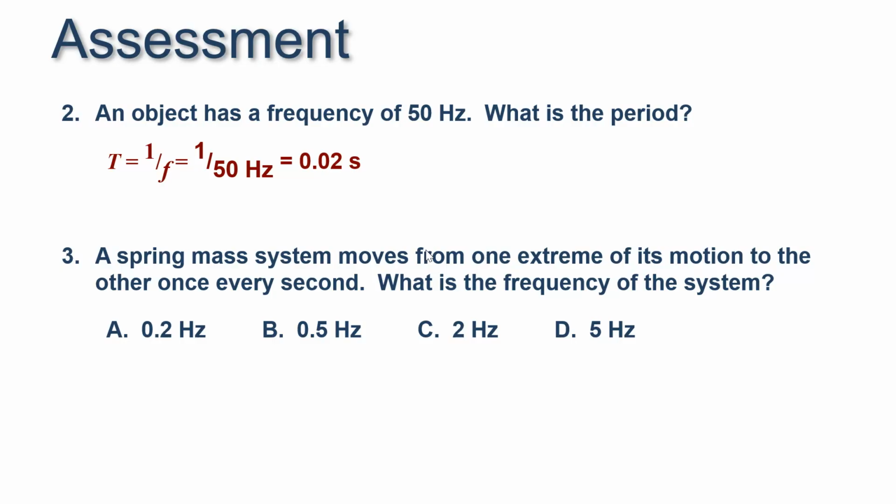Let's do this next one. It says the mass of a spring moves from one extreme of its motion to the other once every second. What is the frequency? Well, the time of the period is 1 second. So the frequency is equal to 1 over 1 second.